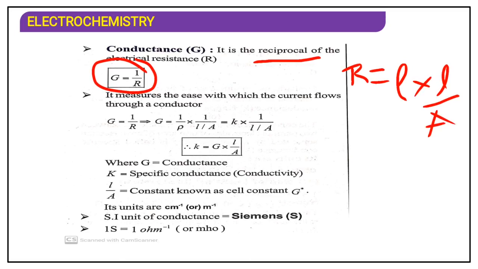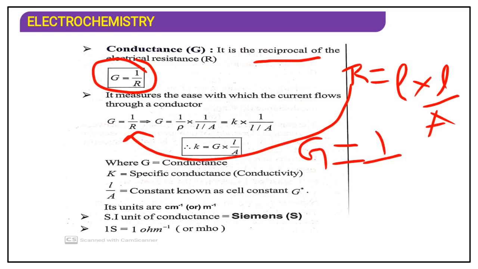Based on this formula, this R value we are substituting here. When that R value is substituted, the conductance G becomes 1 by rho into 1 by L by A.